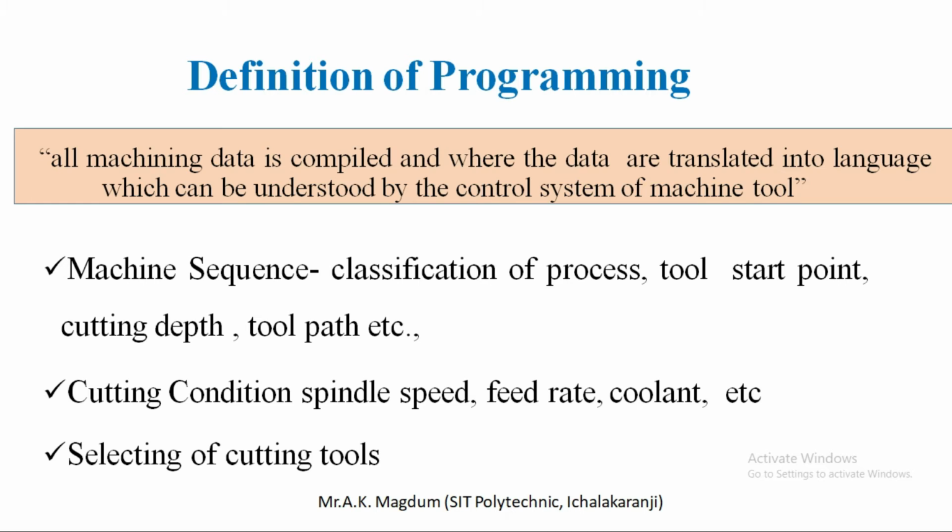For that reason, a different selection of tool is required, and that is done with the help of the set of instructions or different coding languages in the program. According to the instructions fed to the machine, the machine calls different tools, which come into contact with the workpiece surface and carry out the machining operation on the component. So this is all about the definition of programming.